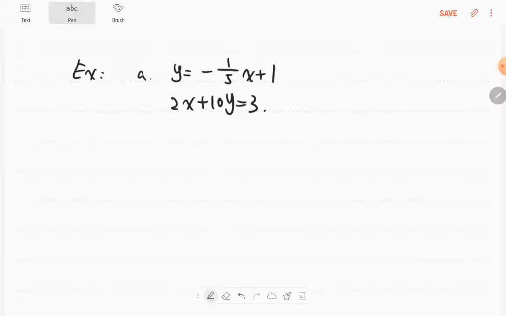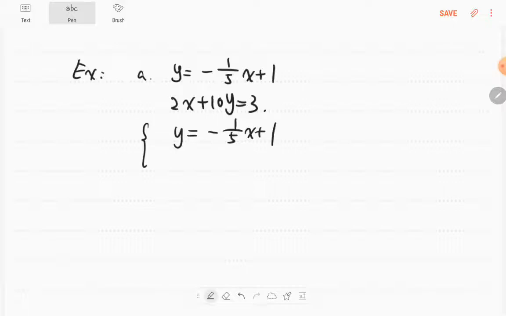So the slope-intercept form will be helpful for this situation. The first equation is already in slope-intercept form, but the second one is not, so we need to switch it into slope-intercept form first.